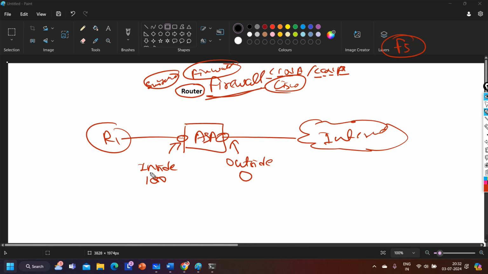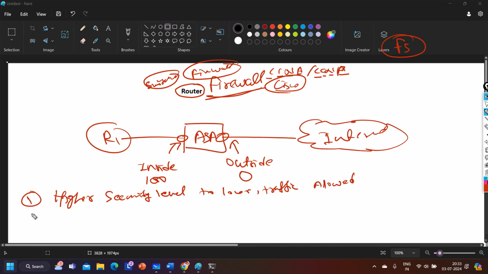Okay. So on the inside interface, guys, ASA is going to allow traffic. On the outside interface, ASA is not going to allow the traffic. So see, the basic function of a firewall is by default behavior: from higher security level to lower security level, traffic is allowed, right?